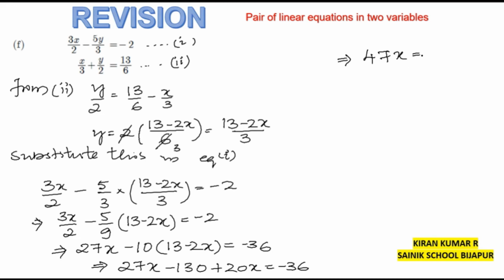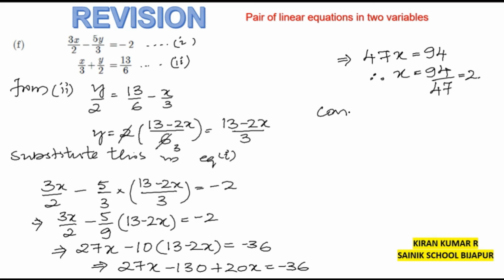When you transpose minus 130 to right hand side, we will be getting positive 130 minus 36. The result is 94. Therefore, x value is 94 divided by 47, which is nothing but 2.